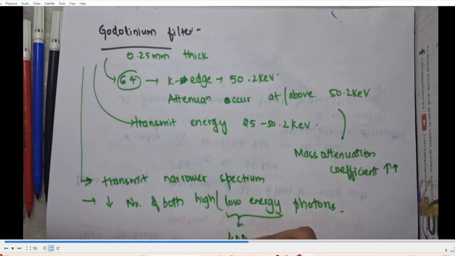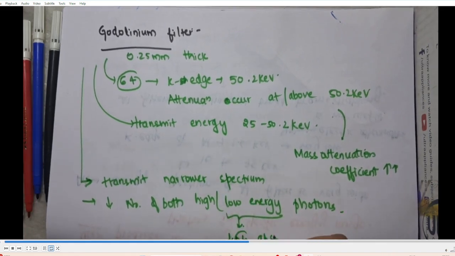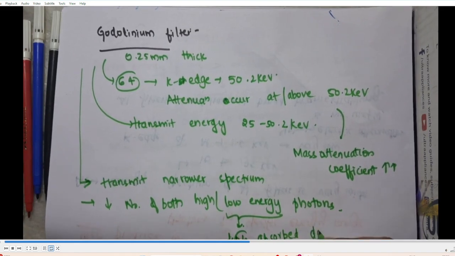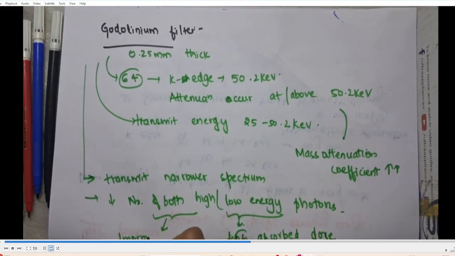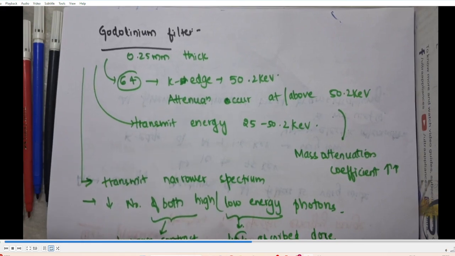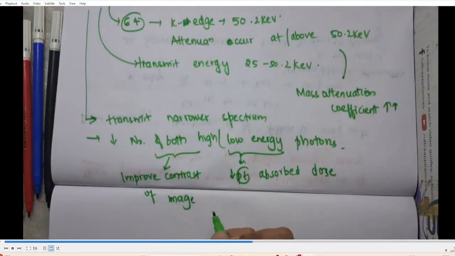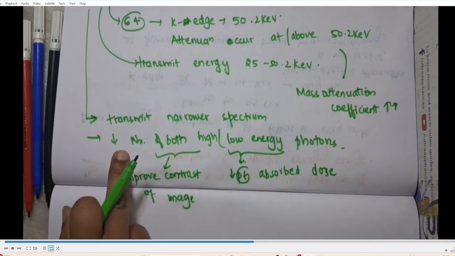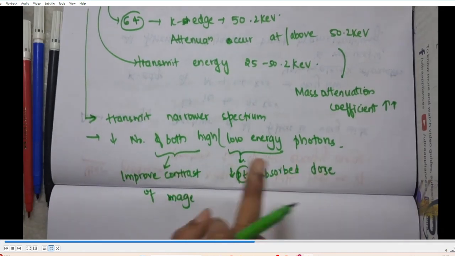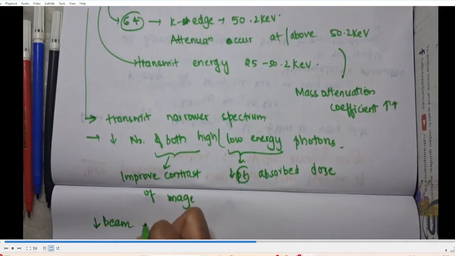The reduction in low energy photons will decrease the absorbed dose of the patient. Image contrast will be improved by the reduction of high energy photons. That is, more photoelectric effect occurs here and less Compton reaction occurs here.